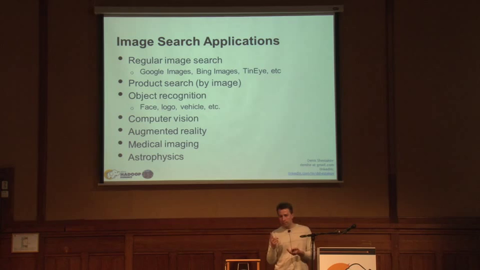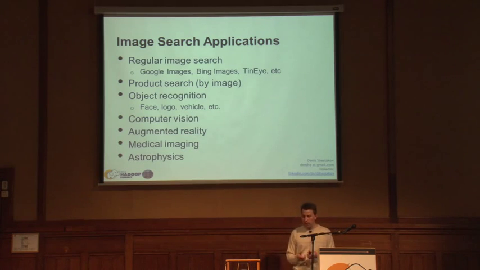Then there is the huge domain, which is called computer vision. So it's robotics applications, etc. Augmented reality, think about this, virtual glasses, etc. And another two domains, these are medical imaging and astrophysics.